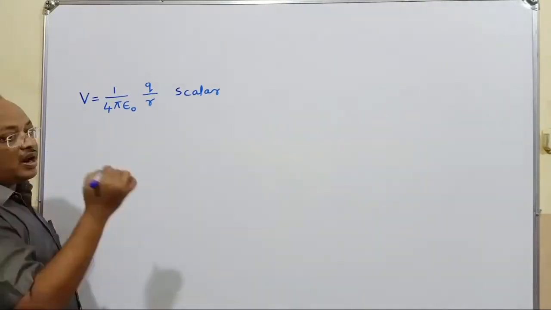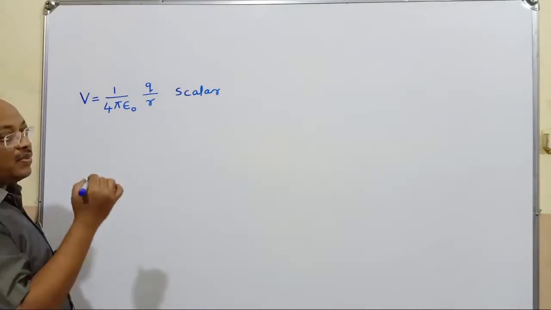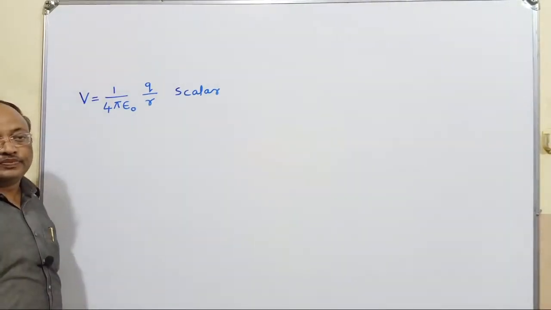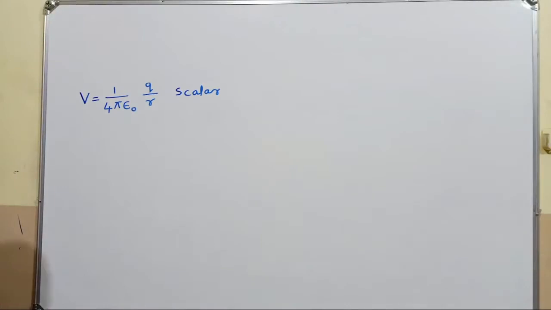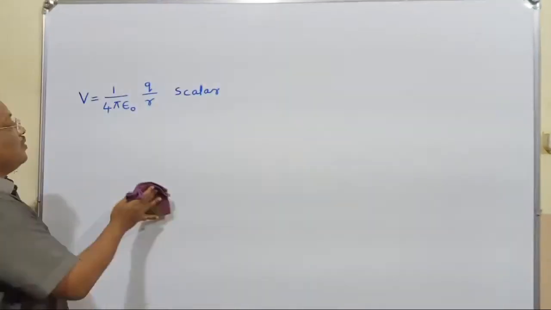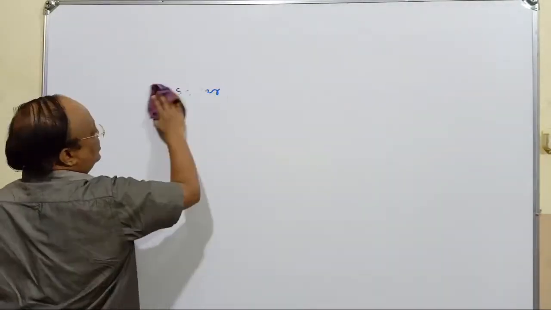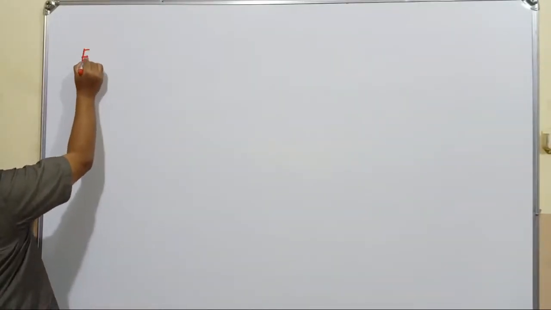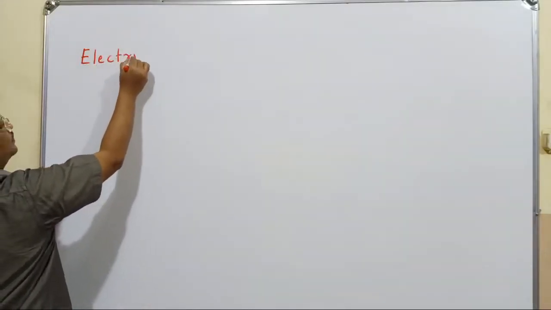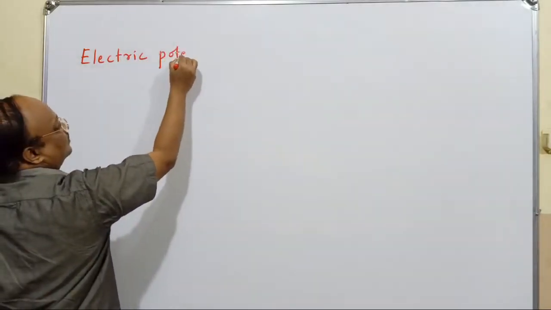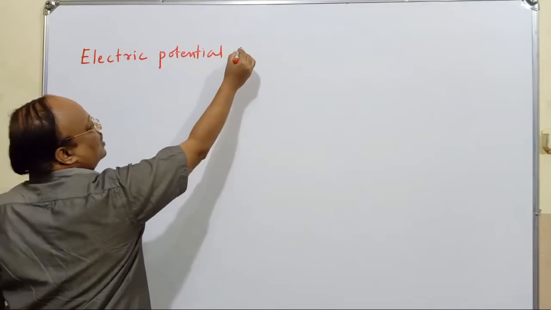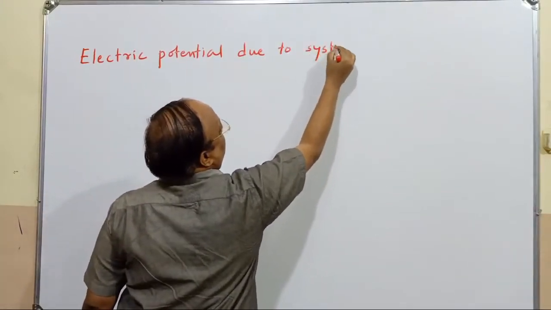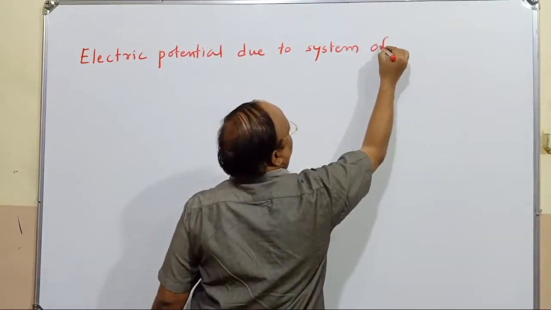If there are more number of charges, due to more number of charges, if you want to find potential at a point, then we say this is electric potential due to a system of charges.